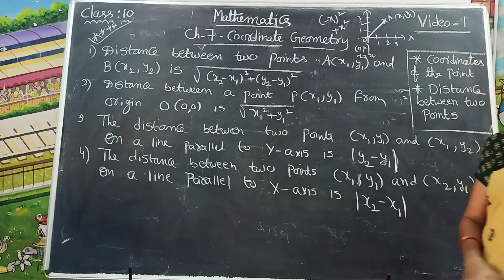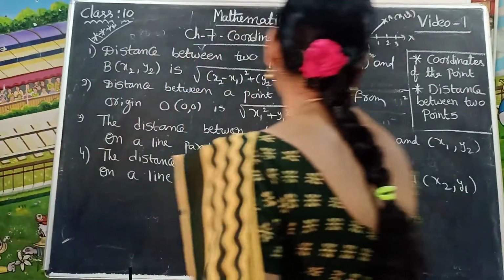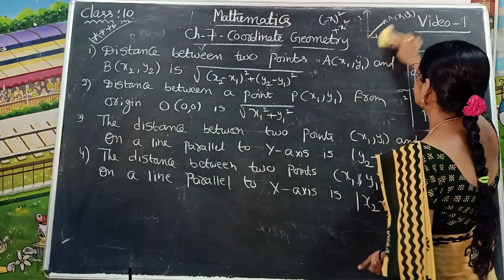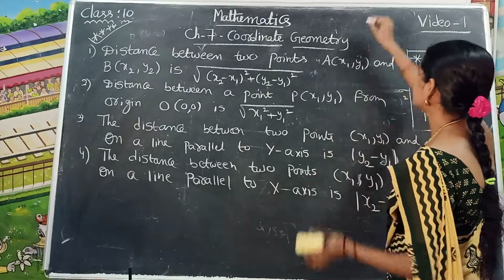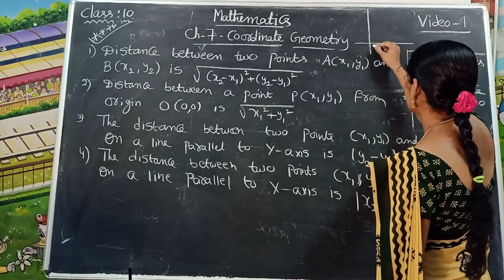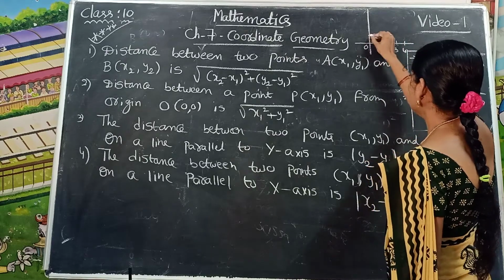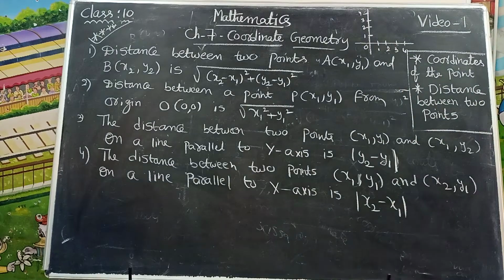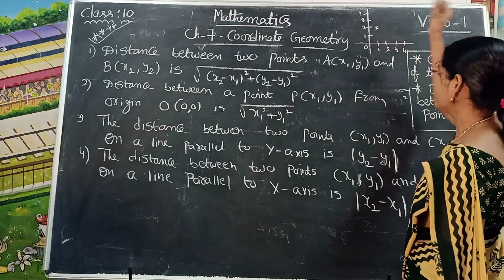The distance between the two points (x1, y1) and (x1, y2) on a line parallel to the y-axis. For example, if you take the two points here, I am taking one point here, 1, 2.